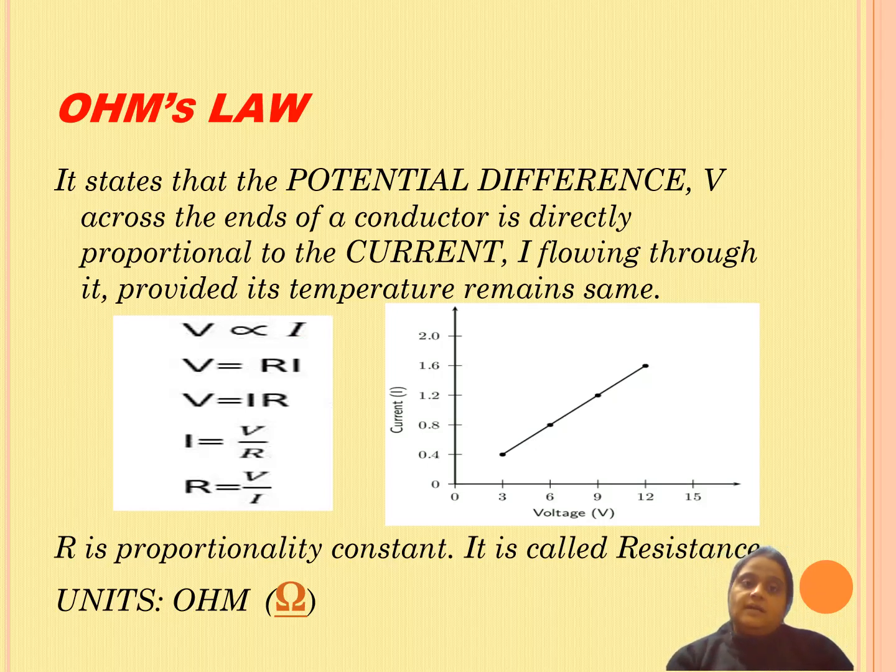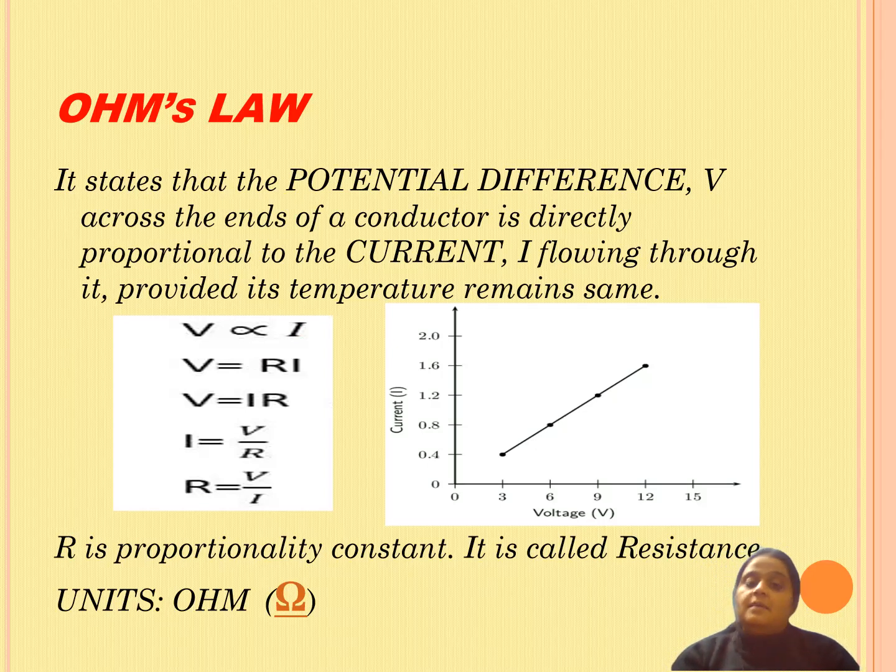So Ohm's law was given by George Simon Ohm, and to honor him, the name Ohm's law has been given. It states that the potential difference across the ends of a conductor is directly proportional to the current, provided the temperature remains the same.